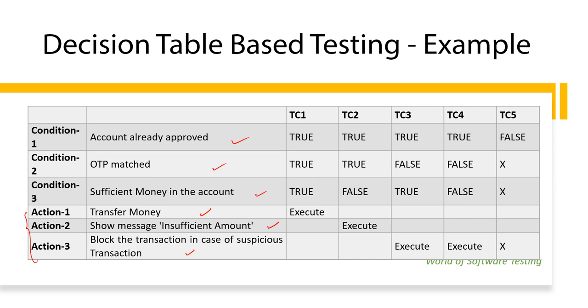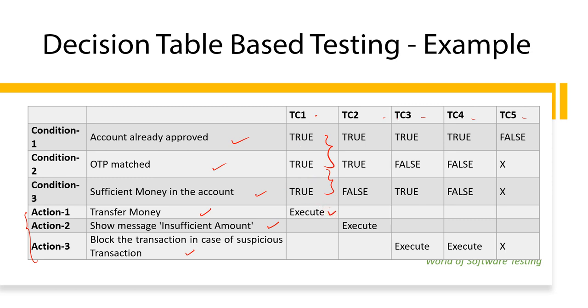So this is the table we have. Let's say this is test case 1, test case 2, test case 3, test case 4 and 5. In test case 1, the conditions account already approved, OTP matched and sufficient money in the account are all true. So we should be able to transfer the money.